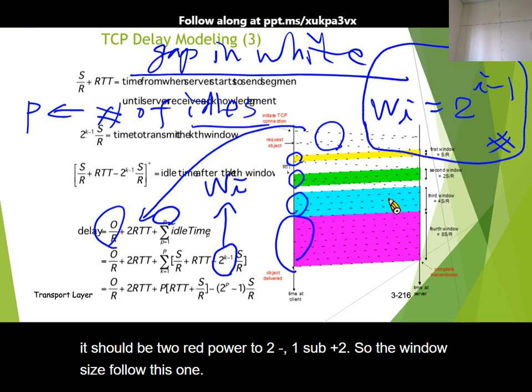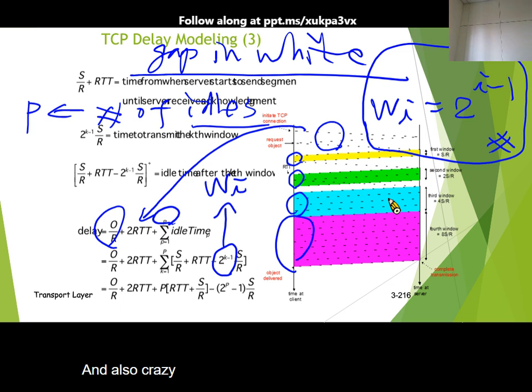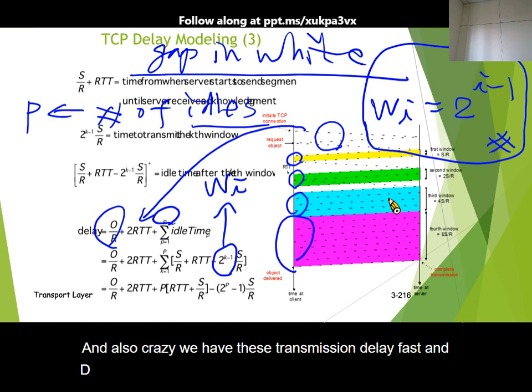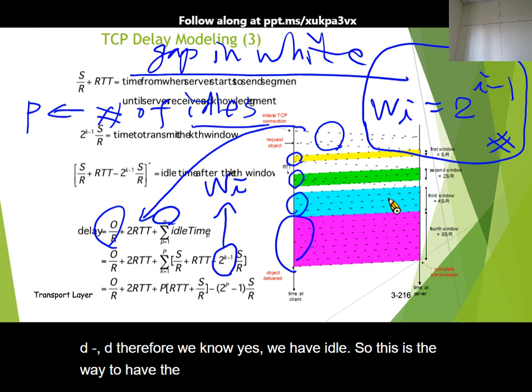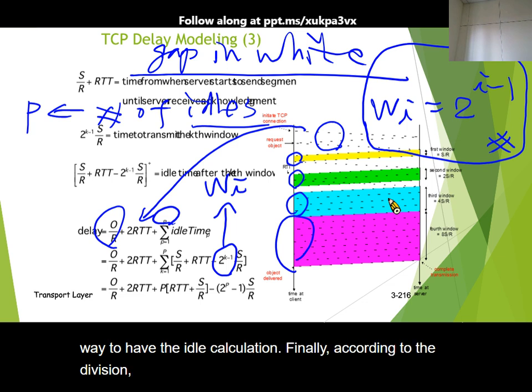And also, previously we have these: transmission delay plus RTT minus these. If we know, yes, we have idle. So this is a way to have the idle calculation. Finally, according to the derivation, we have these. You can check it.